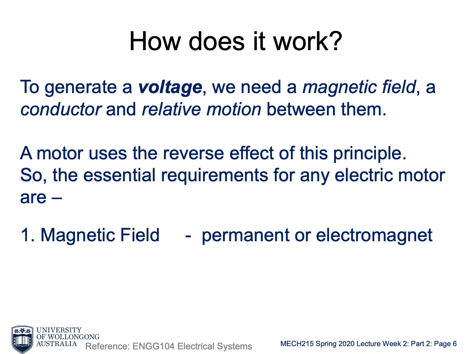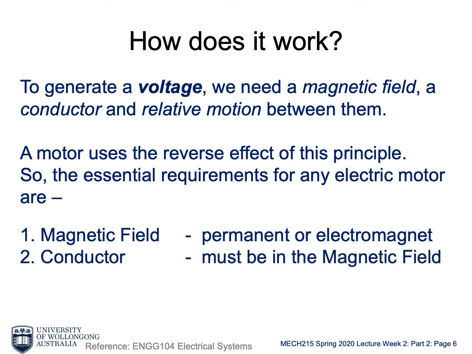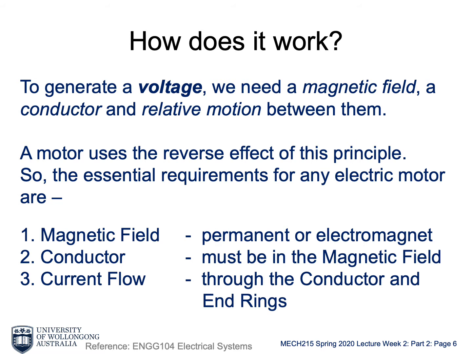It can be a permanent magnet or an electrically generated magnet. Secondly is a conductor. The conductor must be inside the magnetic field. And third, the current needs to go through the conductor. With these 3 conditions, the conductor inside the magnetic field will experience a force from the magnetic field and will have relative motion.